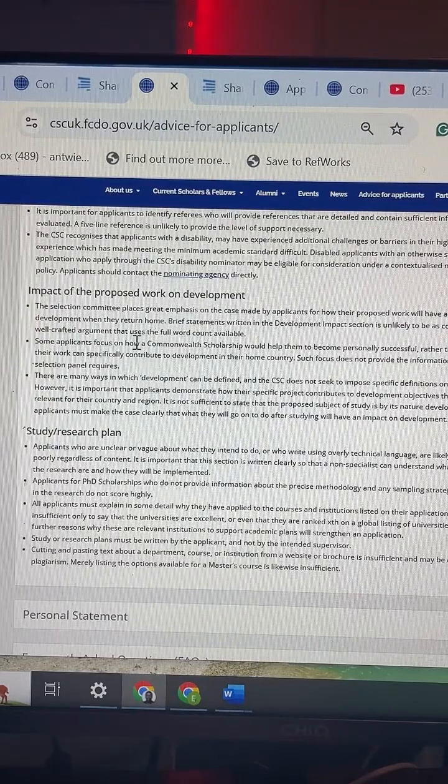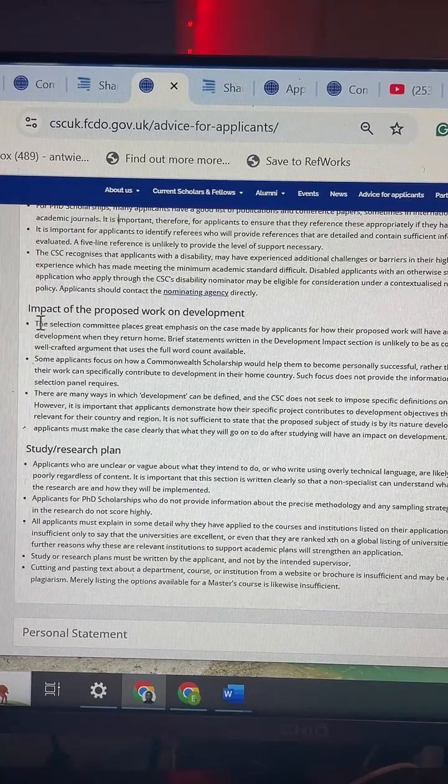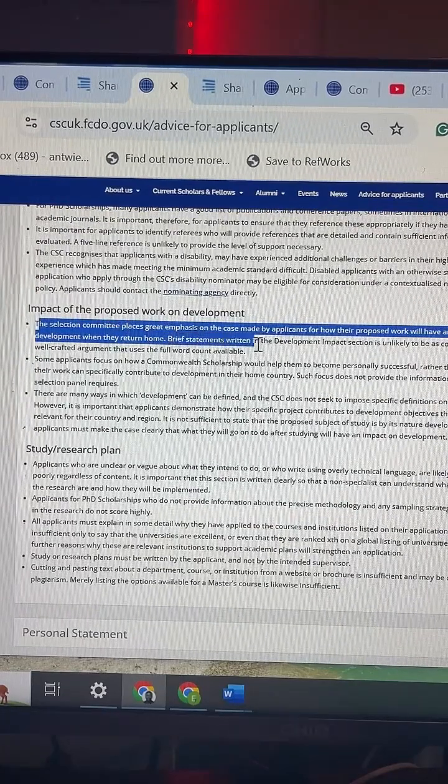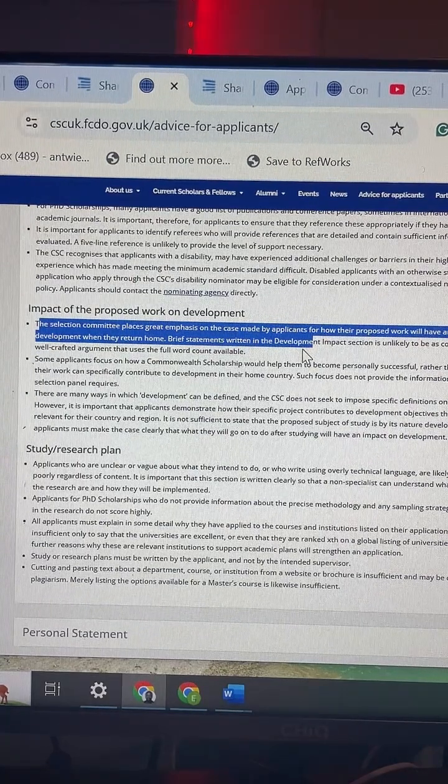And then when it comes to the impact of proposed work on development, these are the things that the panel have spoken about. The selection committee places great emphasis on the case made by applicants on how the proposed work will have impact on development when they return.